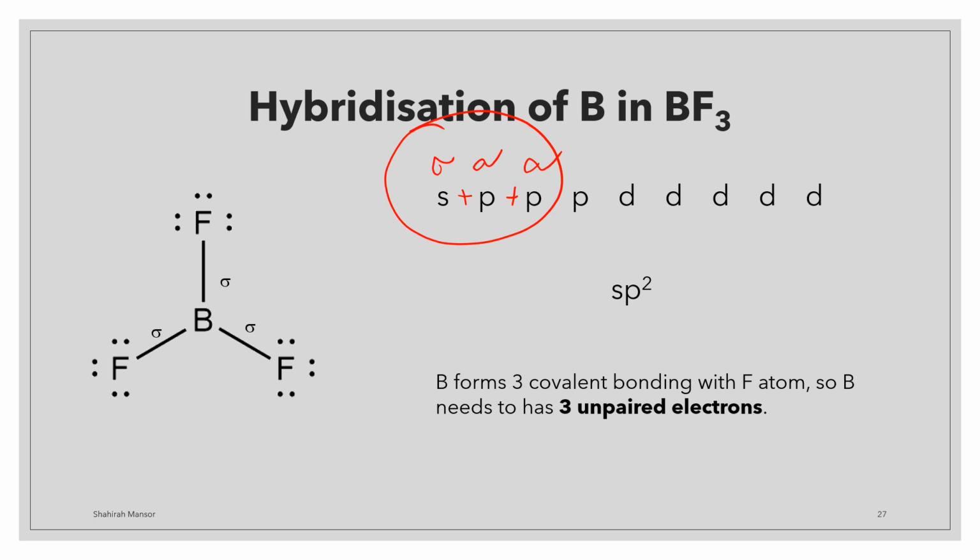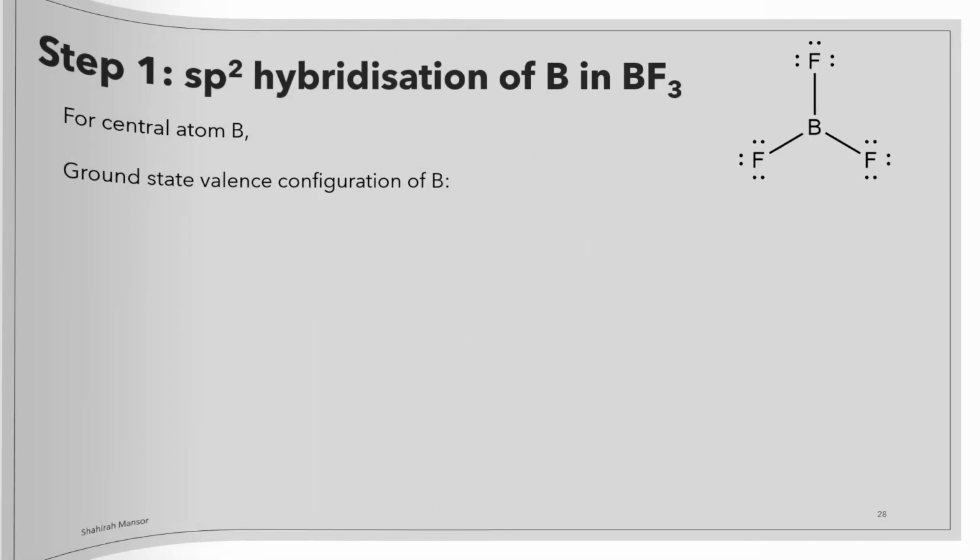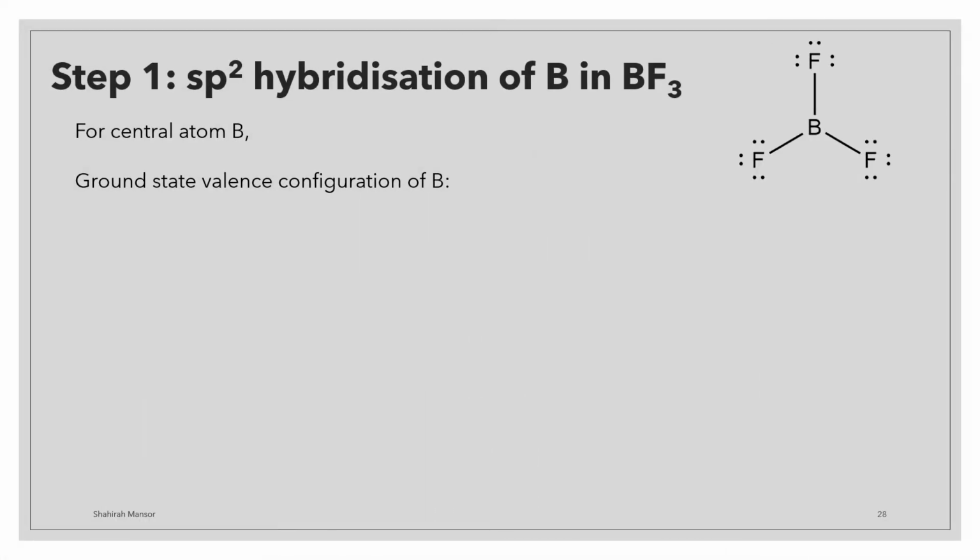And then look at this Lewis structure once again. Boron has 3 covalent bonds. What does that mean? It means boron must have 3 unpaired electrons to allow boron to have these 3 covalent bonds with fluorine. So to show the sp2 hybridization of boron in BF3, we will start by writing the ground state valence configuration of B. So here we have 2s2, 2p1.